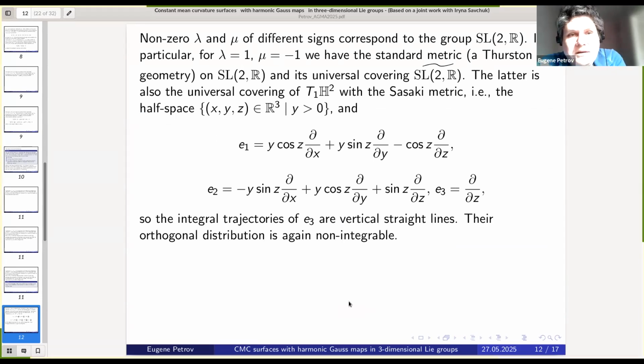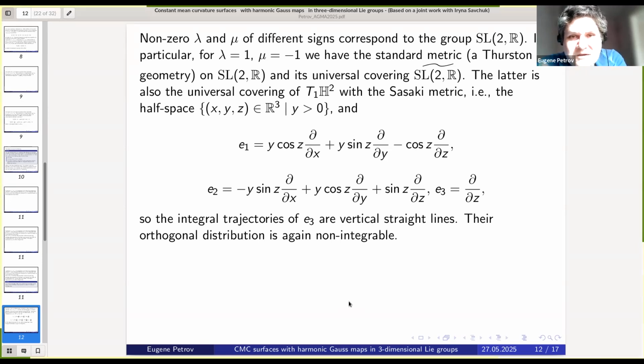If lambda and mu are non-zero of different signs, it's the case of SL2 R. And here we can give a corollary for the standard metric on SL2 R, namely for lambda equals 1 and mu equals minus 1.